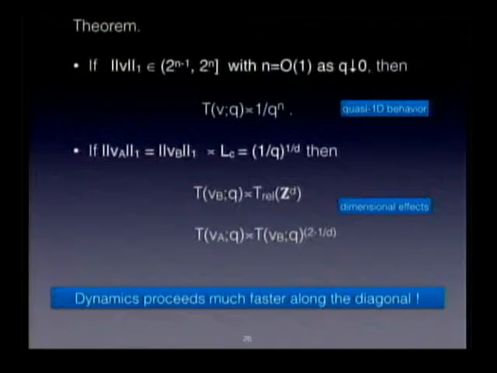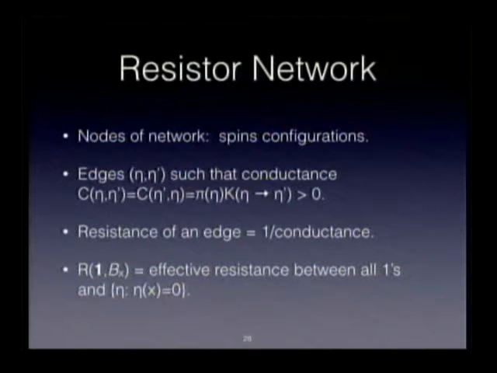And so maybe I can just say that the idea is to construct a resistor network in which nodes are the configurations of spins, edges are pairs where there is some positive conductance, okay? And we have to estimate the global resistance of this network.